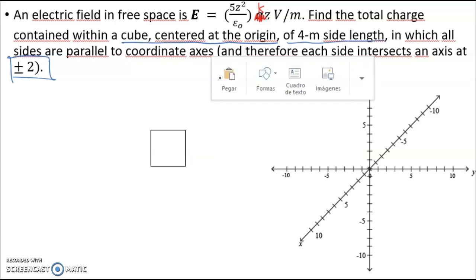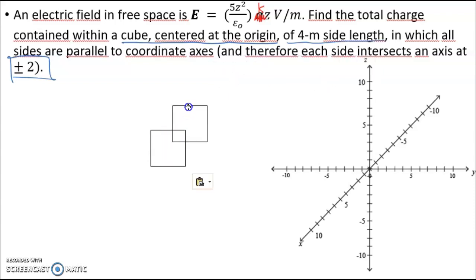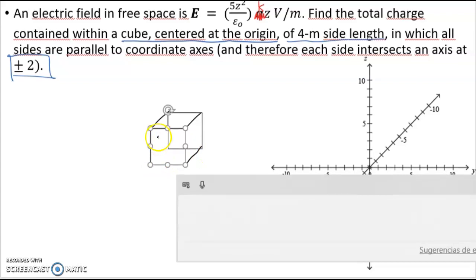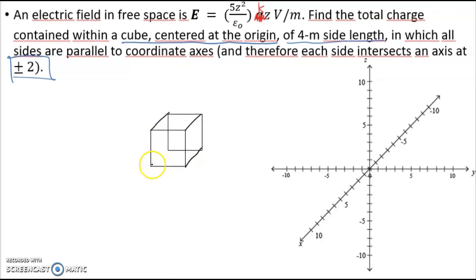Copy, paste. It's going to be our cube. My cube, and it goes like that. I just grab it, paste it all together, and we can manipulate it.